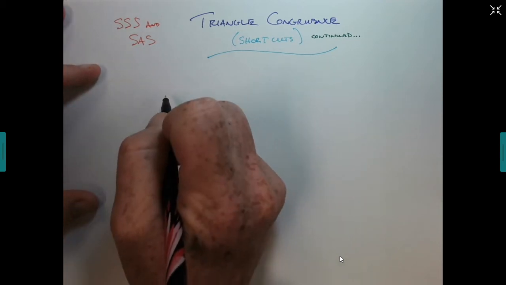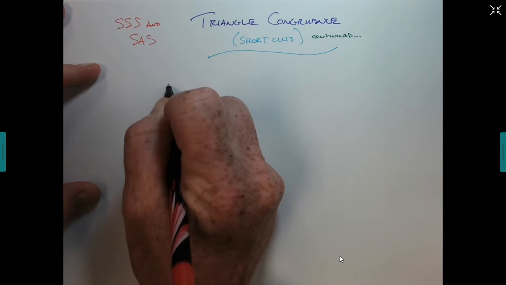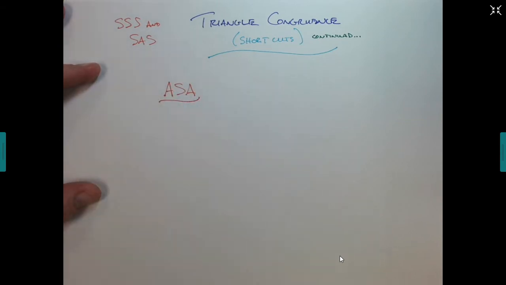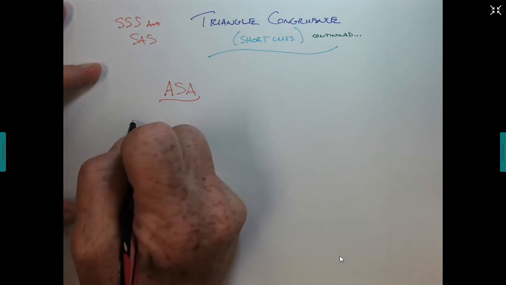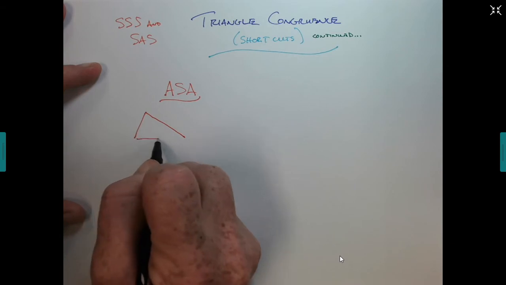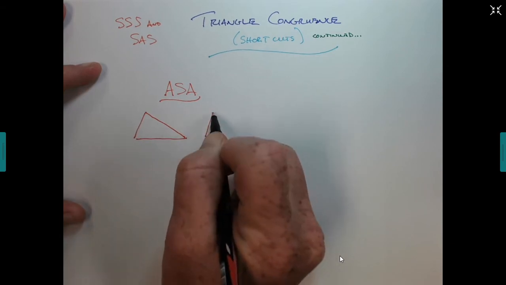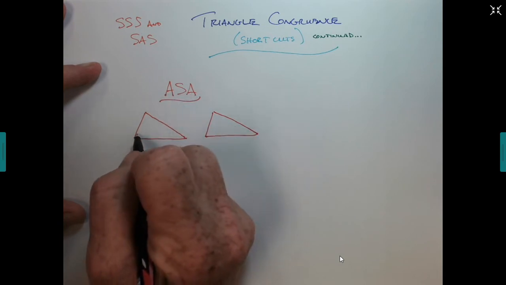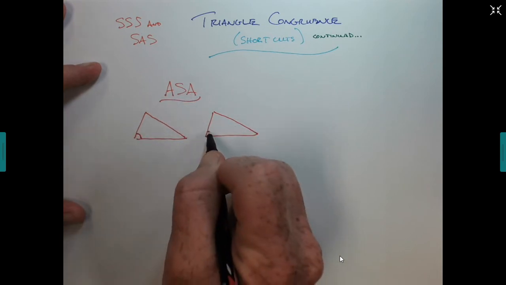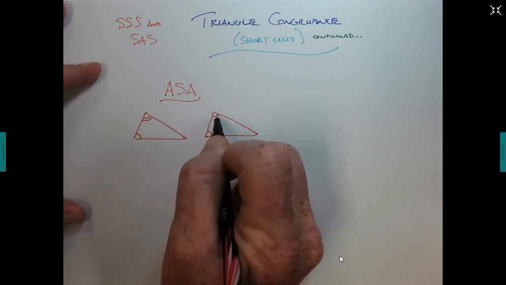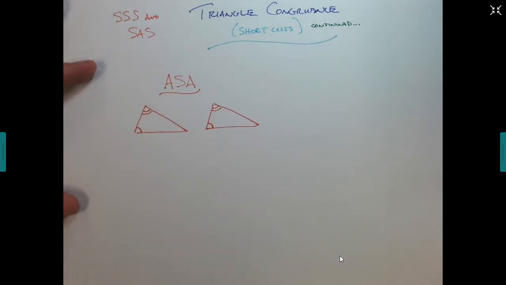All right, so first off, we have angle, side, angle. In order to use this shortcut, I would need to know that I have 2 angles. Let's just say I know this angle is congruent to this corresponding one, and this angle is congruent to this corresponding one.